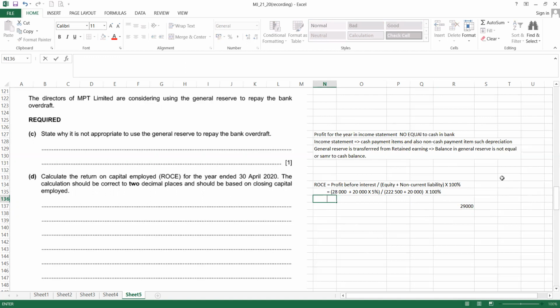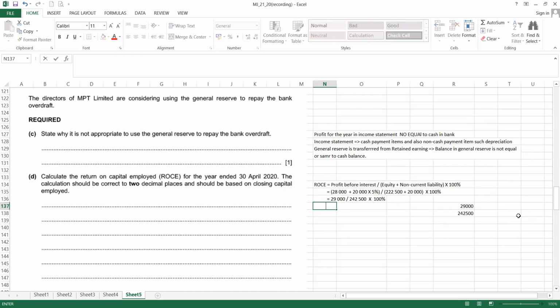Then 29,000 divided by equity plus non-current liability, plus 20,000, so we get 242,500, and then times 100%.